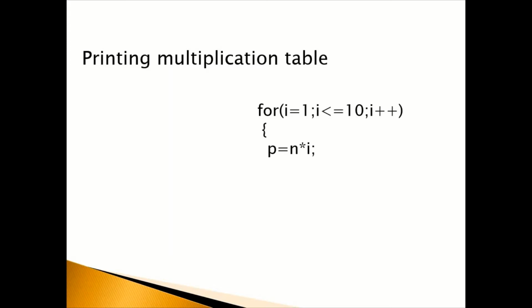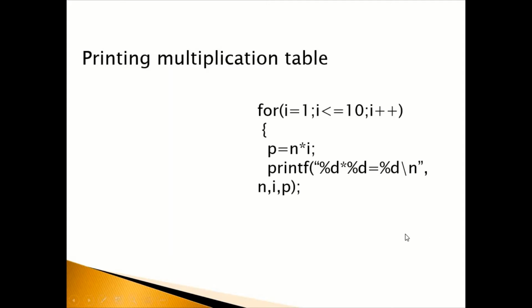If the n value is 5, first it multiplies 5 by 1 because the I value is 1. Once it calculates this, it has to print the first term in the multiplication table in the form 5 into 1 equal to 5.